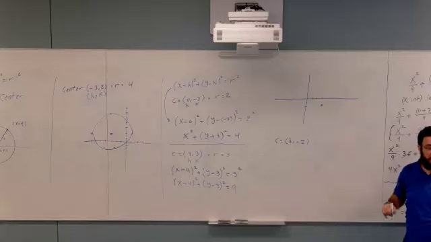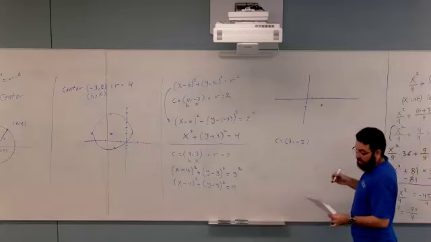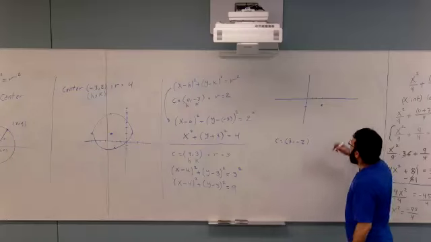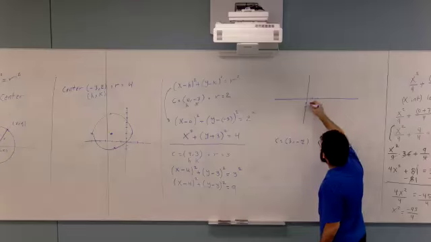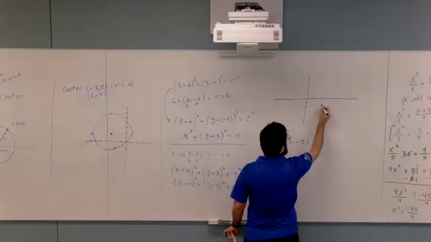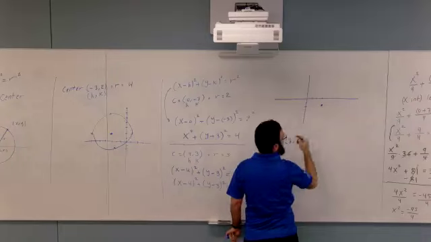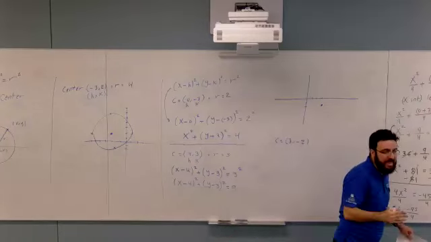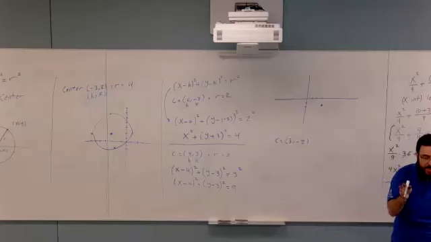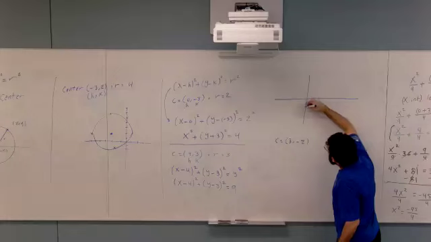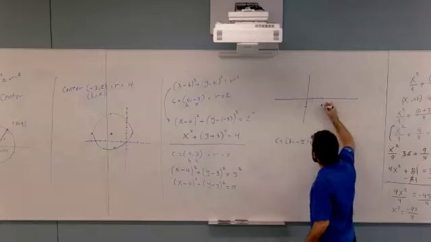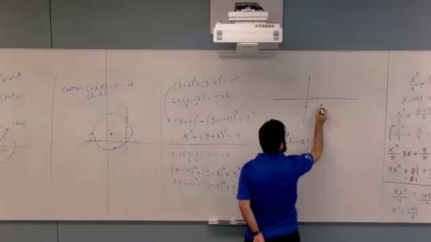Tangent means touching the graph, and here it's the y-axis. So where is the x coordinate? 0, this one, right? So check here. The circle from the center is touching the y-axis. So the circle is 100% touching the y-axis at this point.